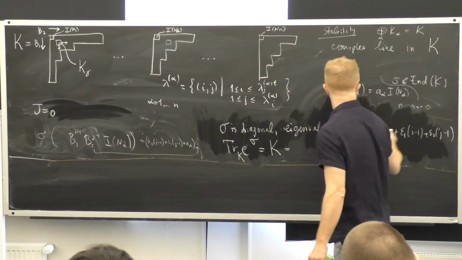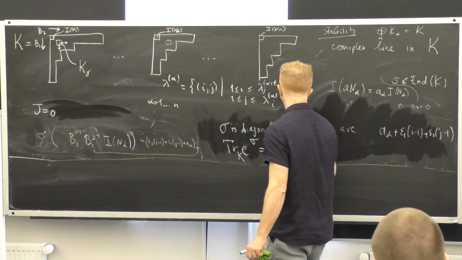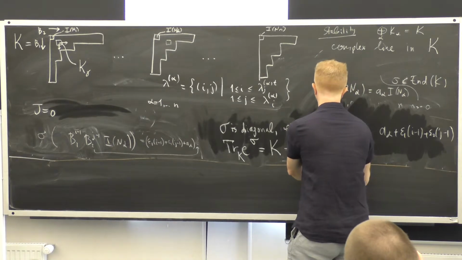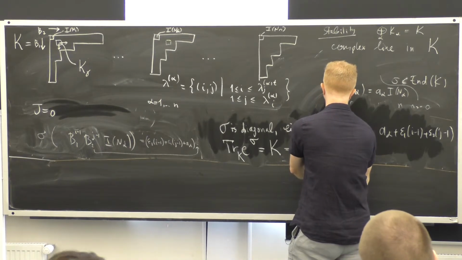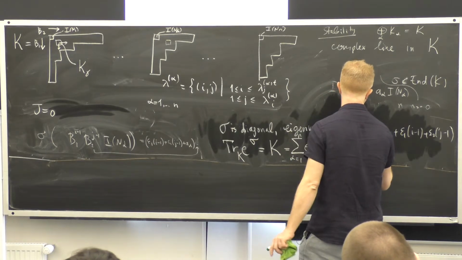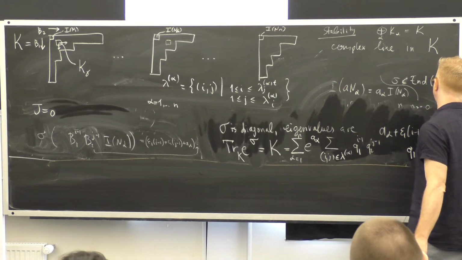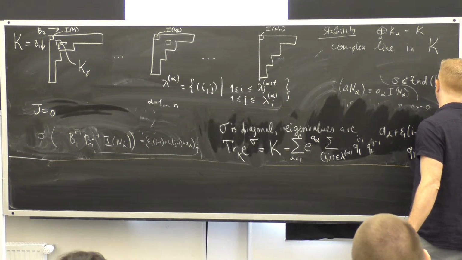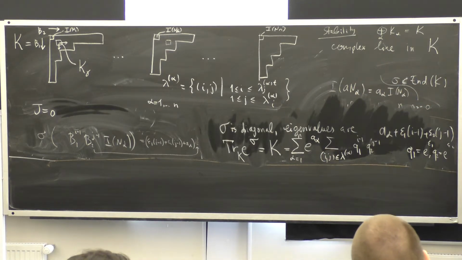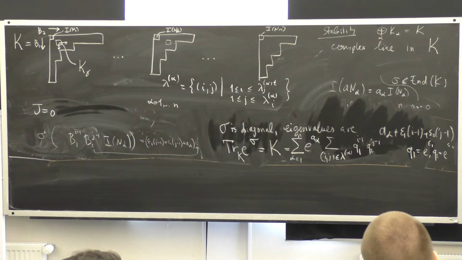And so from this formula, this is the sum over alpha from 1 to n, e to the a sub alpha, and then the sum over i and j in the partition lambda alpha, q1 to the power i minus 1, q2 to the power j minus 1, where I denoted by q1 exponential of epsilon 1 and q2 exponential of epsilon 2. So this is something which we will be using a lot.